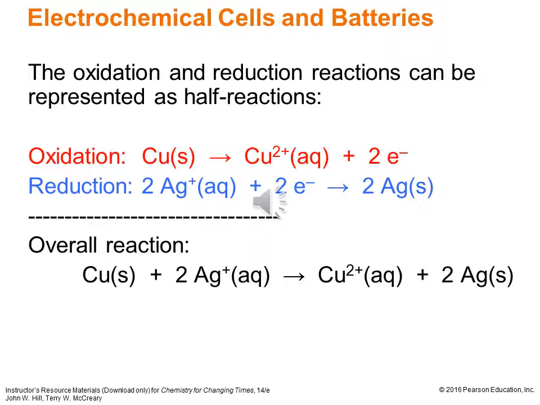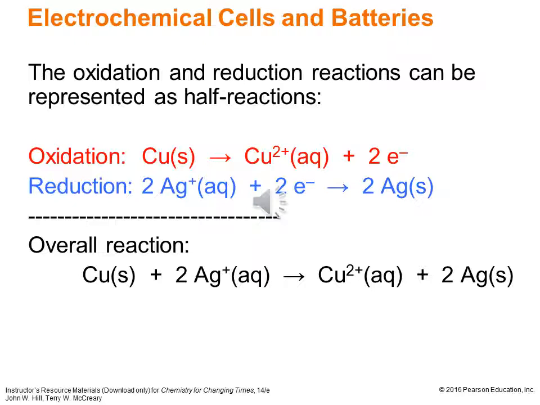That's why we have the coefficient of 2 in front of the silver ion, and therefore the electrons produced by oxidation equal the electrons consumed by reduction, and we get 2 moles of silver metal reduced from silver ion for every 1 mole of copper ion oxidized from copper metal.